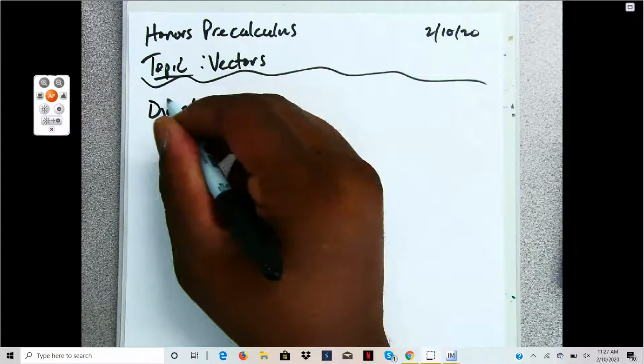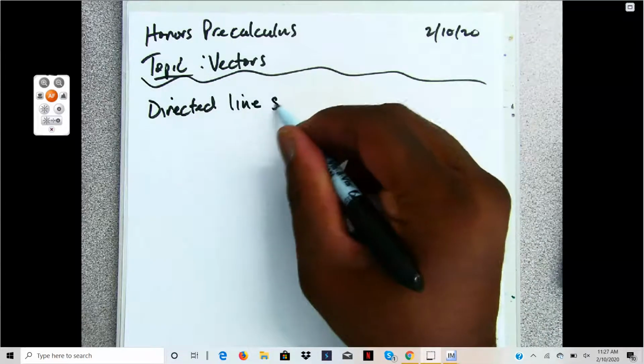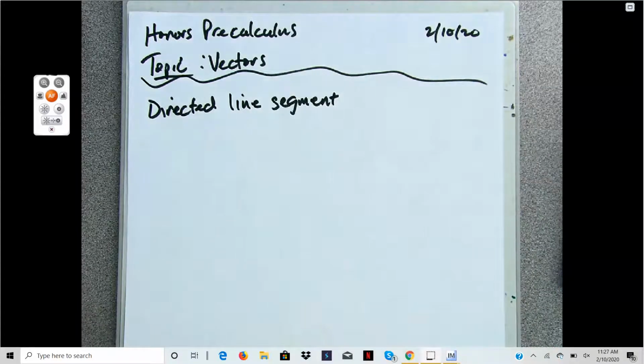So we're going to start off with a directed line segment. Now, one of the things we know about rays, line segments, and lines all the way from geometry and even before that.